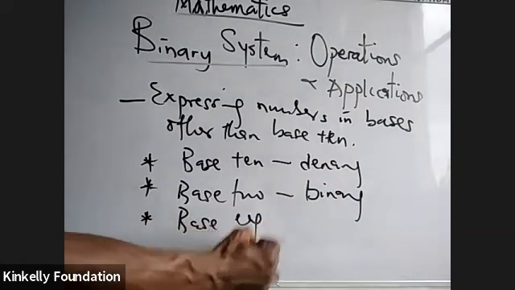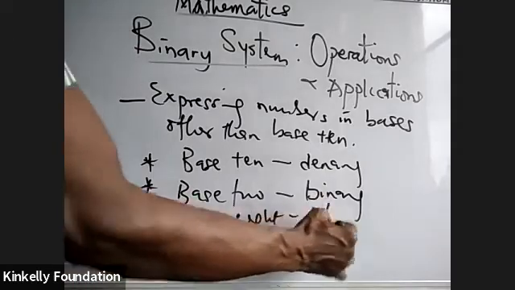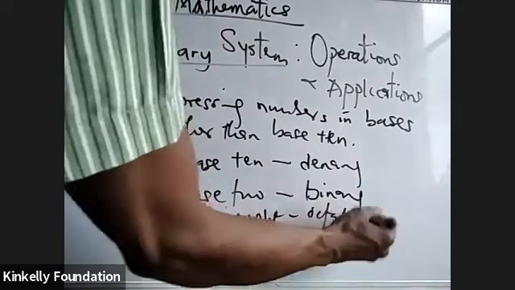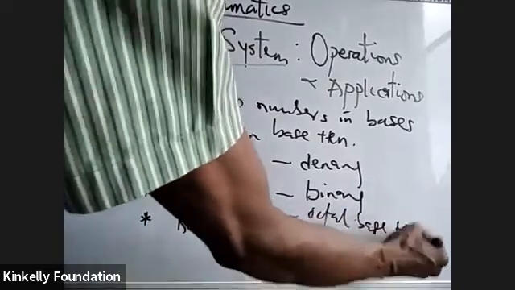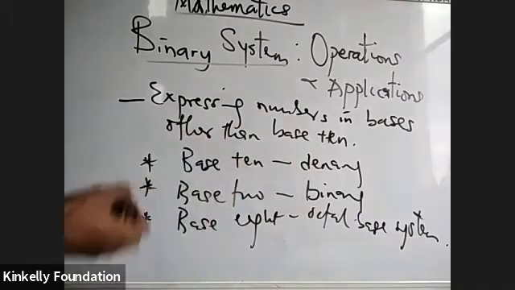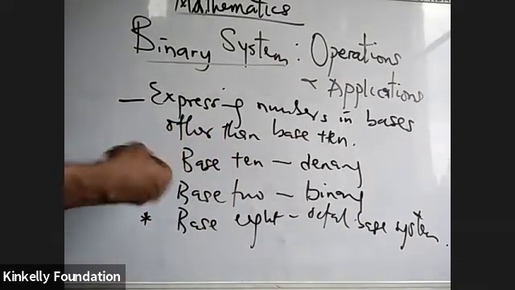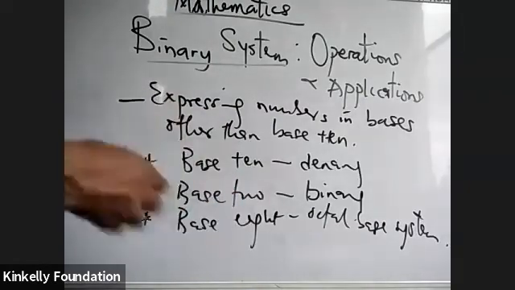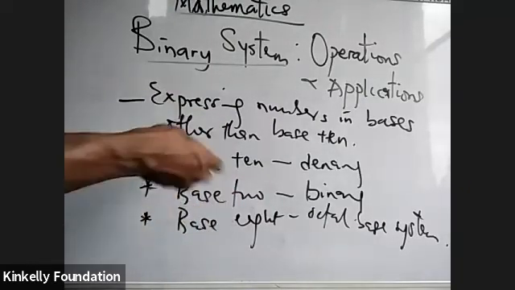Base 8 is octal, that is the octal-based system. Then we have hexadecimal and so on. So, this is not all we have, but we are going to look into the expression of numbers in different bases other than base 10.